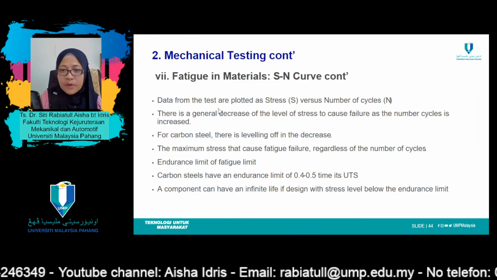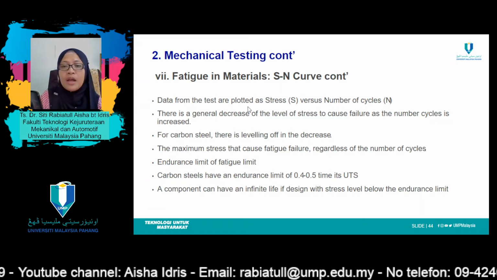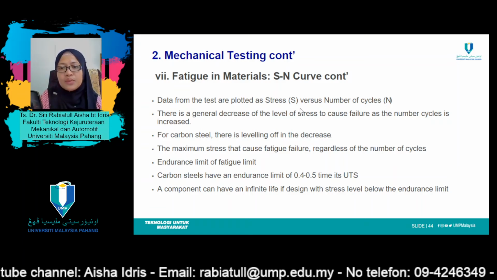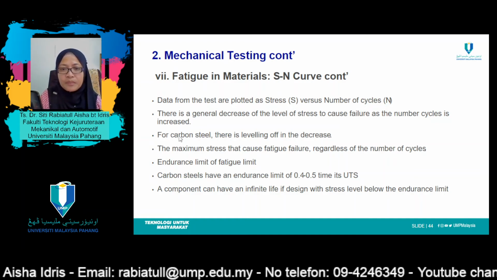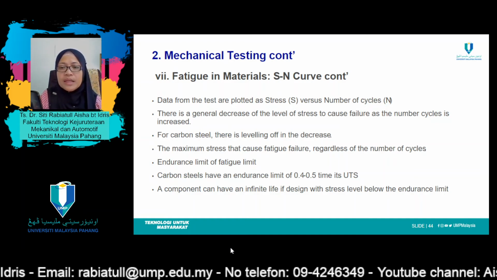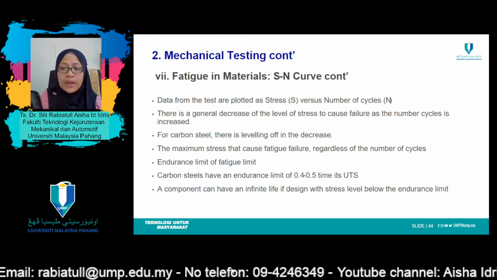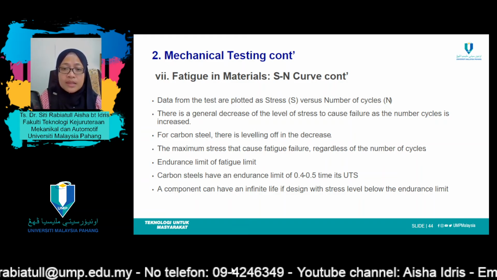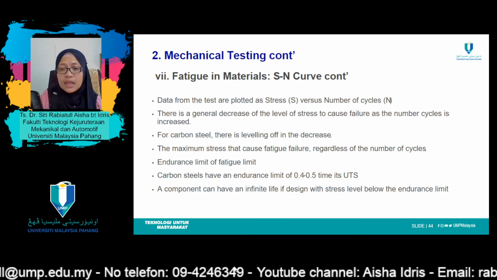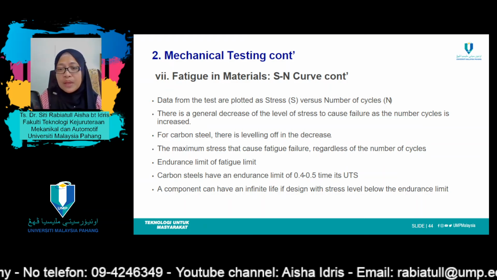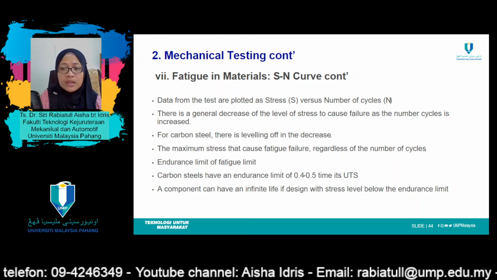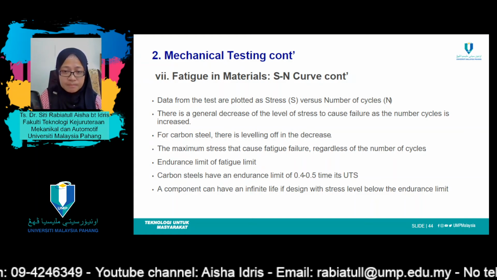So data from tests can be plotted as stress versus number of cycles, and there is a general decrease in stress level to cause failure as the number of cycles is increased. For carbon steel, there is a leveling off in the decrease, a maximum stress that causes fatigue failure regardless of the number of cycles.